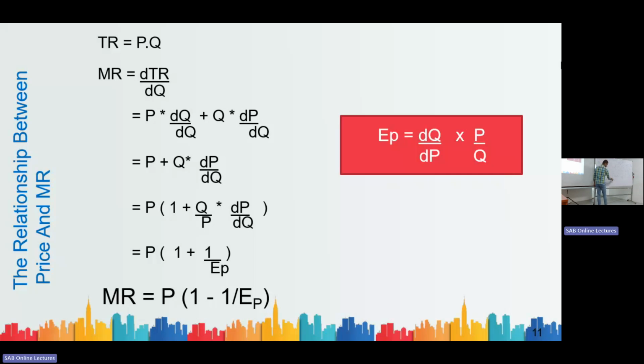Delta Q comes to the numerator, delta P comes to the denominator. So it becomes 1 into delta Q over delta P. Simply it is delta Q over delta P. So this is nothing else but the reciprocal of delta P over delta Q.